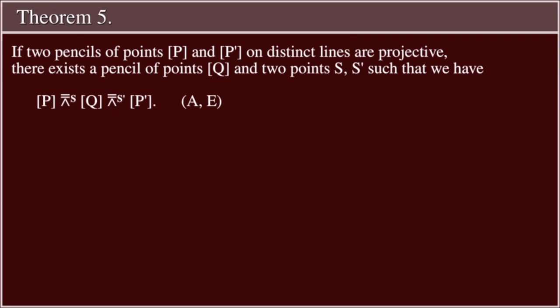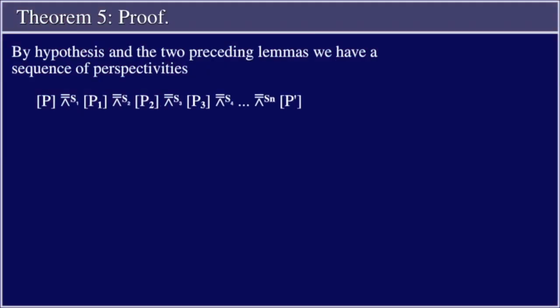Theorem 5. If two pencils of points, P and P', on distinct lines are projective, there exists a pencil of points Q and 2 points S, S', such that the pencil of points P is perspective with center S to the pencil of points Q, which is perspective with center S' to the pencil of points P'. Assumptions A and E. Proof: by hypothesis and the two preceding lemmas, we have a sequence of perspectivities.